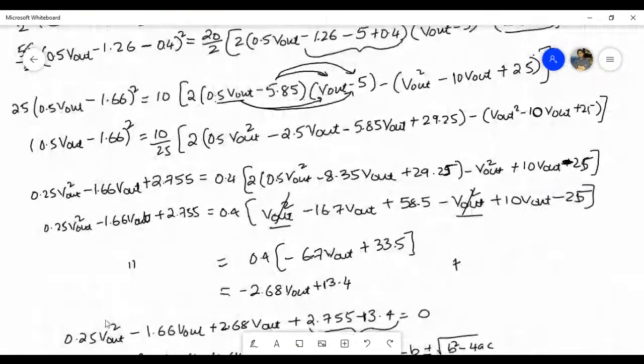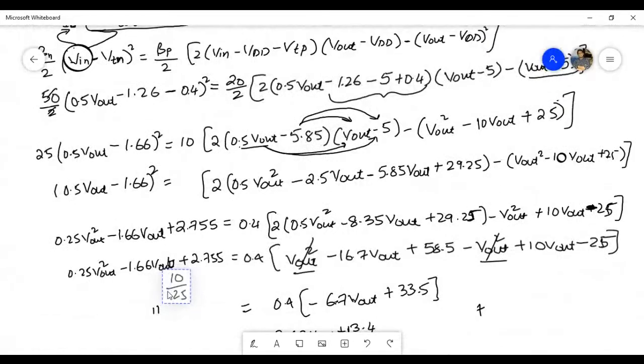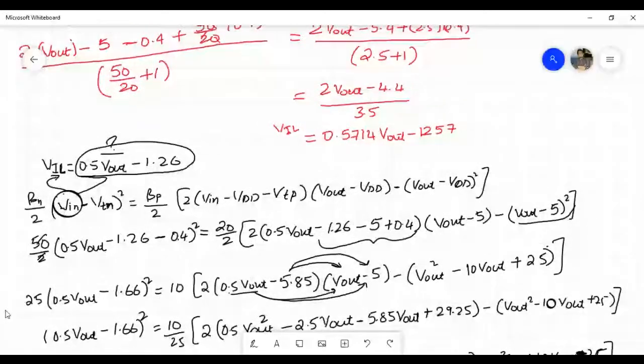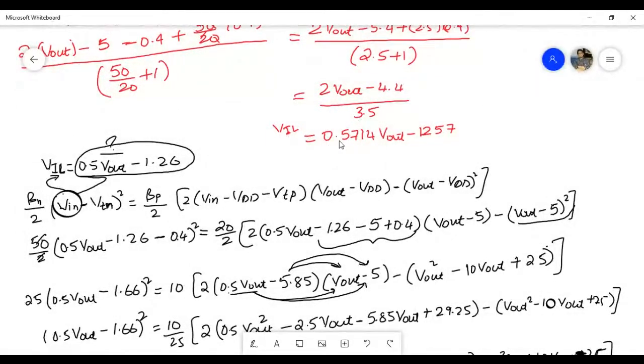We start here. VIL is equal to 0.514 V out minus 2.75, okay? This was VIL, yes or no? So let us substitute back our V out here so that we will get the VIL value.